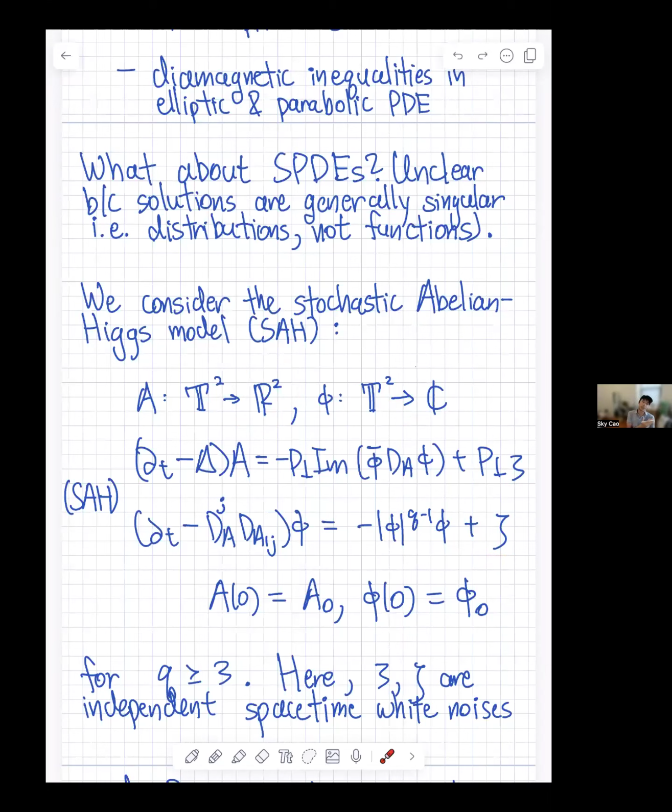There's no way it's going to be even a measurable function because the values at neighboring points are just completely unrelated. And so the way you make sense of it mathematically is as a random distribution, which enters into your PDE. So that's our model, stochastic Abelian-Higgs.